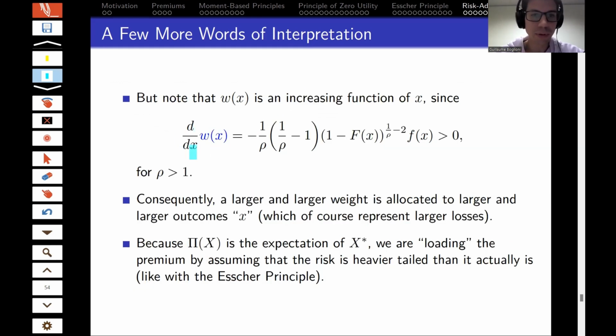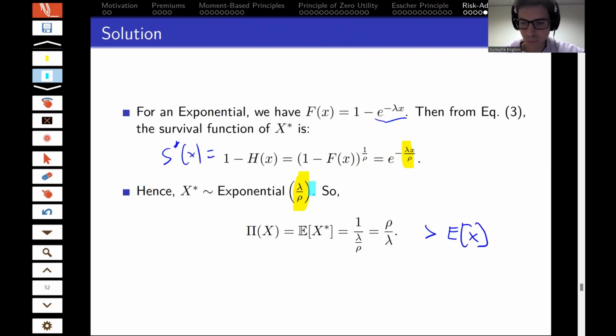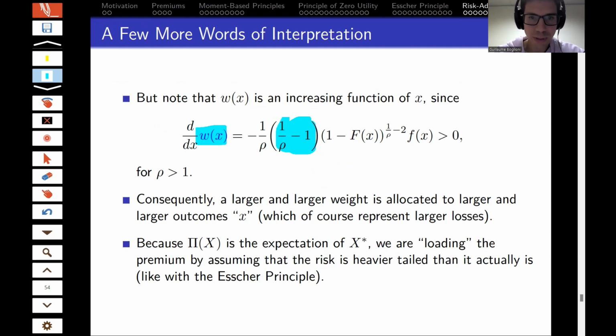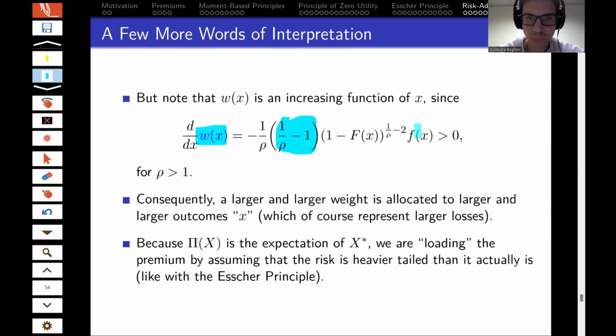Because if you differentiate the weight, you differentiate this expression, again you're going to get the 1 over rho minus 1 in front, and then there's going to be a minus created by differentiating 1 minus F of x. You can check for yourself that this expression is correct.